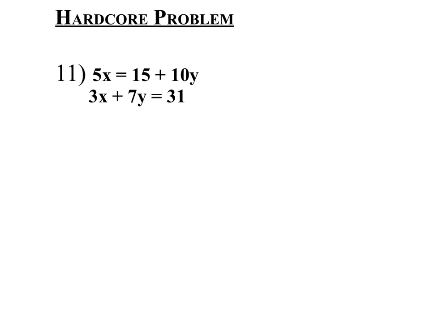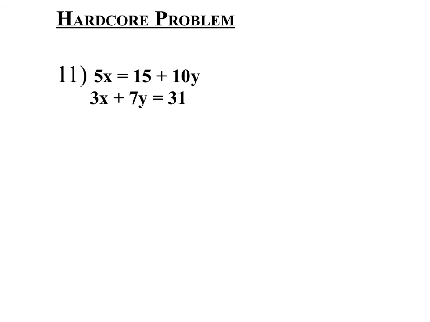Okay, I'm going to give you a suggestion. One of these two equations you can divide by a number that will get a variable all by itself. That is our goal. We want one of the variables all by themselves. So think of a number that we can divide everything by, not just one term, but every term by, to get one of the two variables, either x or y, all by itself.